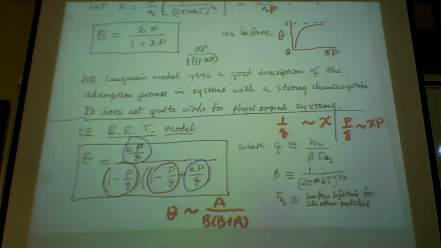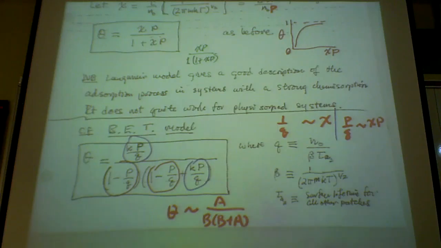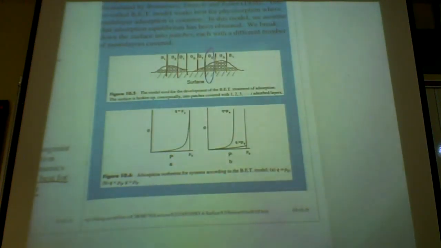And so if you do that, you get a different adsorption isotherm, right? If you plot this Q, N naught divided by beta T naught, where tau is the surface lifetime for all other patches, you may get a different looking form, and this is the different looking form.